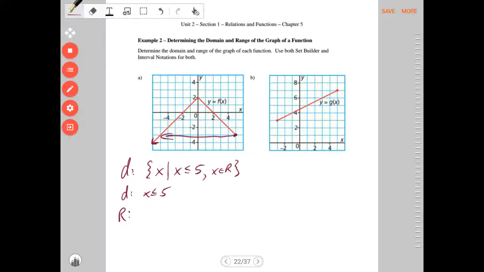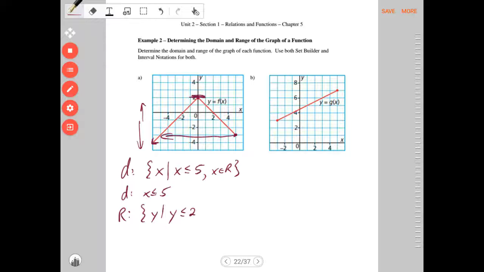The range, on the other hand, is the set of all y values. The y values go all the way down to negative infinity and all the way up to positive 2. At positive 2, it doesn't go any higher. So the y values are always going to be less than or equal to positive 2.